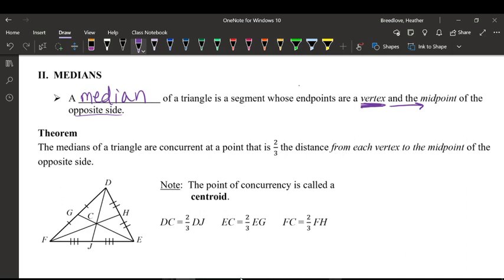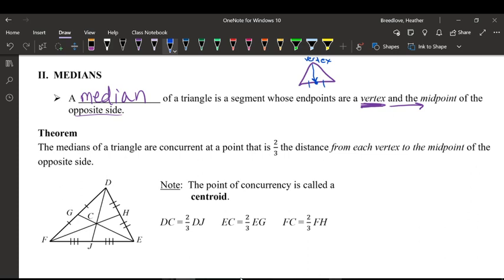Okay? So if you have a triangle, any triangle, you start drawing at an angle, the vertex, and you take it to the midpoint of the other side. So the other side has to be exactly in the middle. That's a median. The difference is the angle of where it hits the midpoint could be anything.